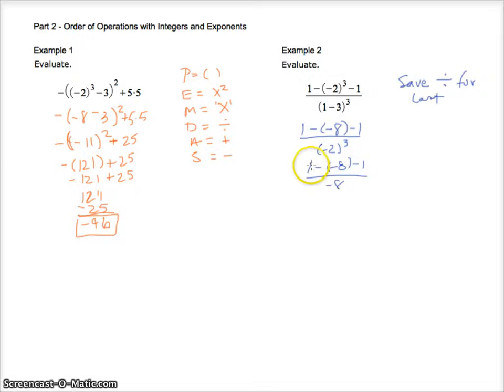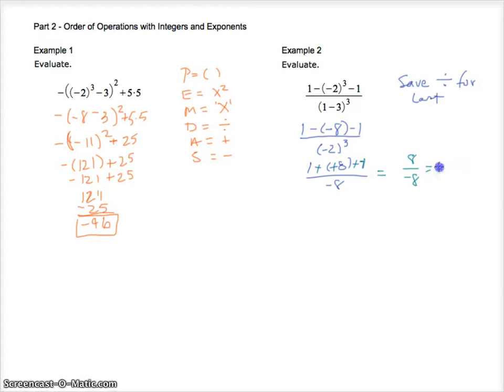I'm going to apply my addition rule here, so I have 1 plus 8, and then I have that minus 1, so plus negative 1. Okay, so 1 plus 8 equals 9. 9 plus negative 1 is 9 minus 1, so this is going to equal 8 over negative 8.